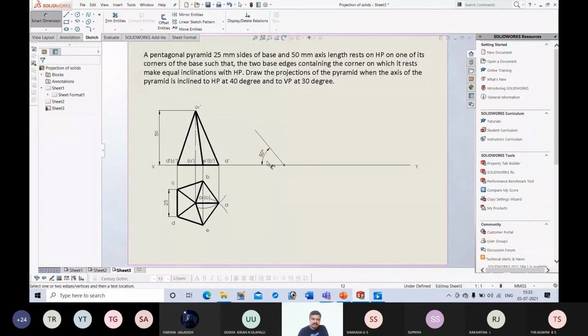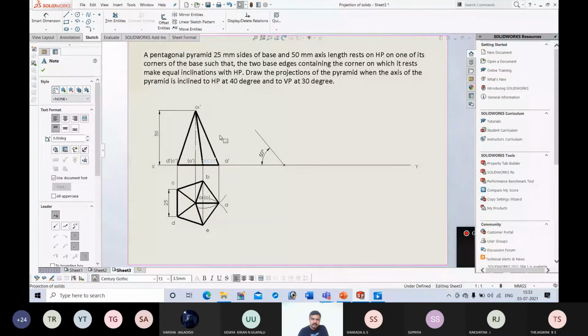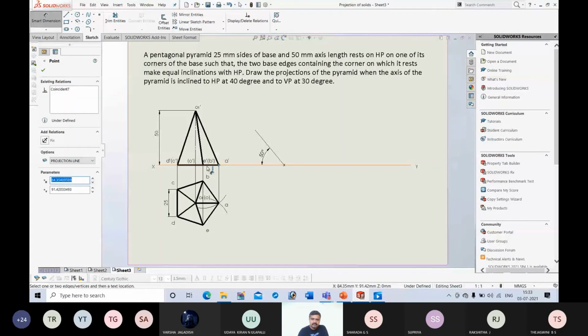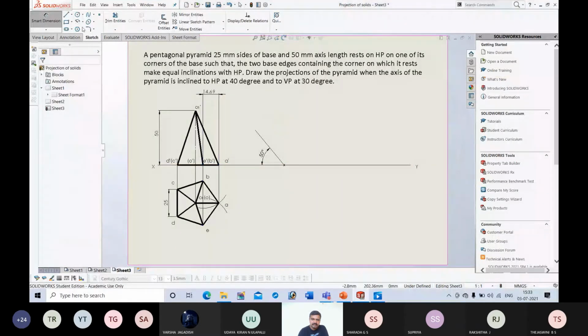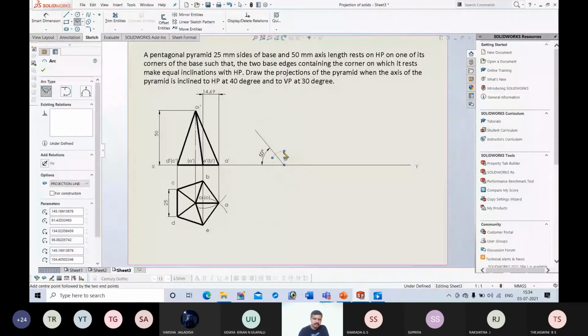Next, I will take the radial distance in order to locate the points of the base. I will take the radial distance between A to E. It is 14.69. So with A as center and A to E as radius, I will draw an arc, 14.69.